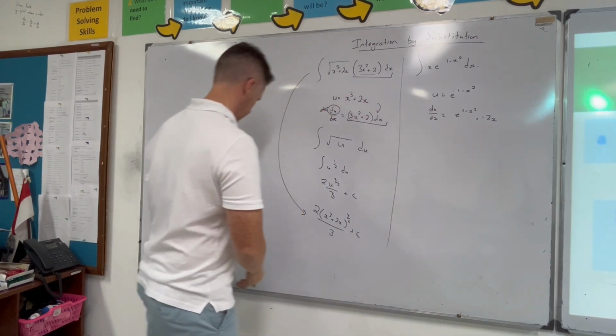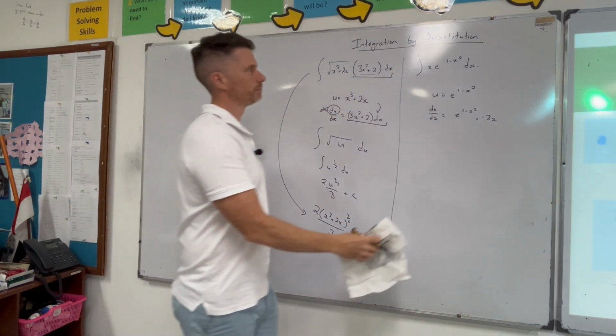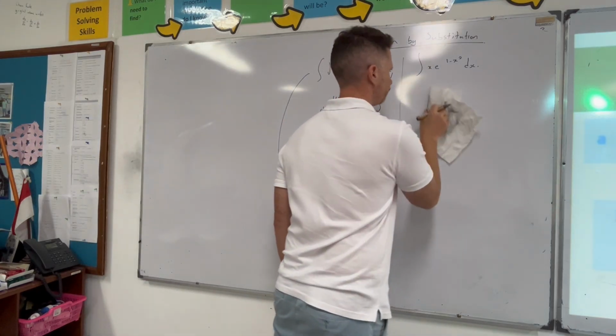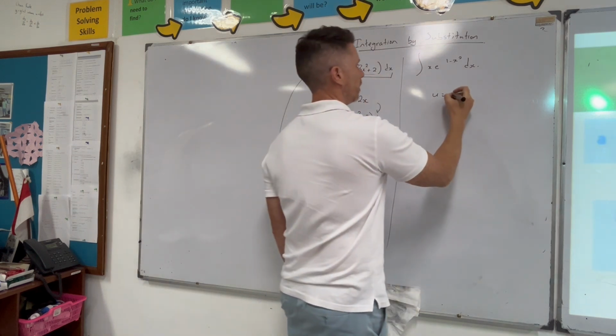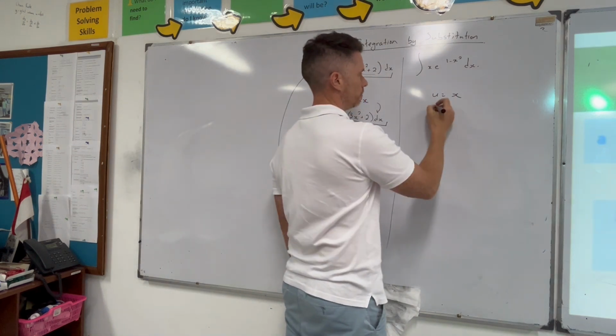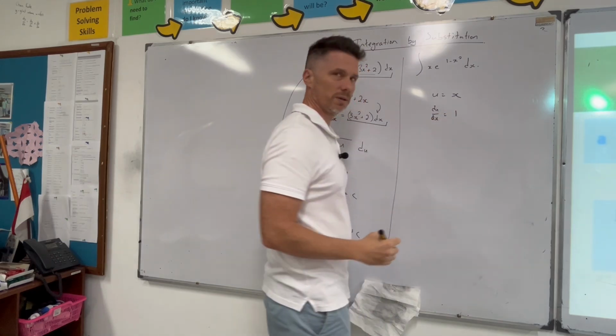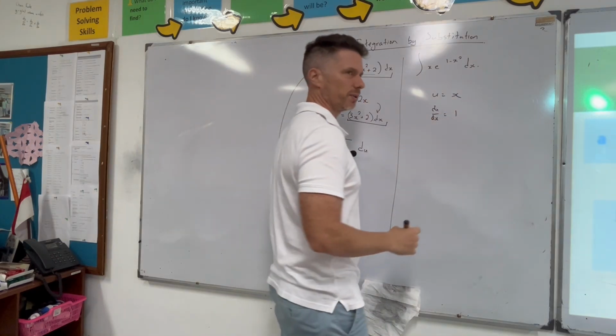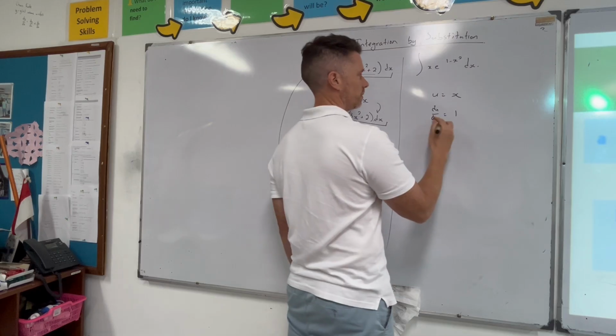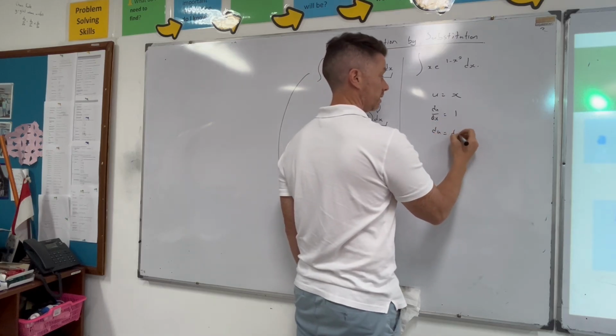So what's the other thing I can pick? x. Okay, we can pick x. If this is x, the derivative, yes, that's brilliant. It goes away. At least there's no more. But how can I now rearrange this? du just equals dx.